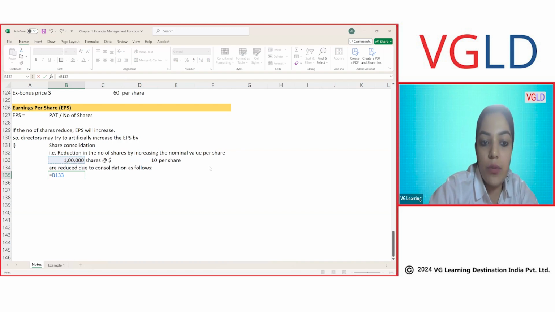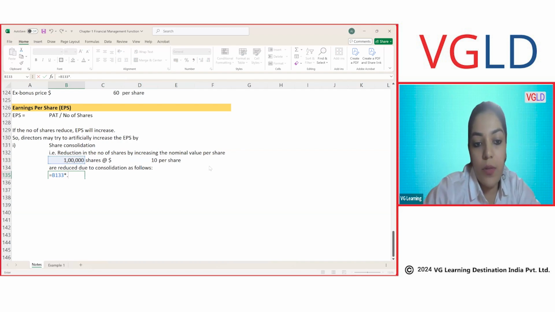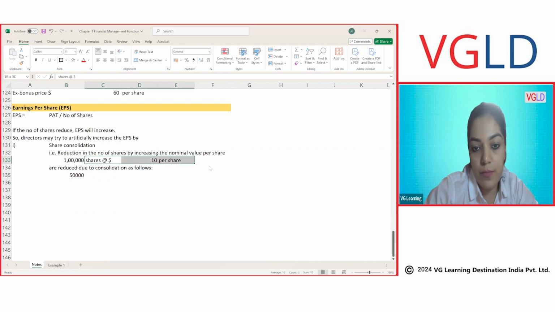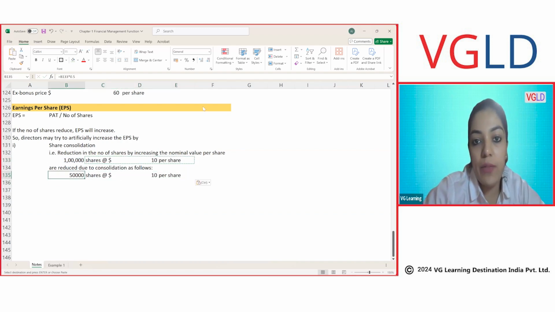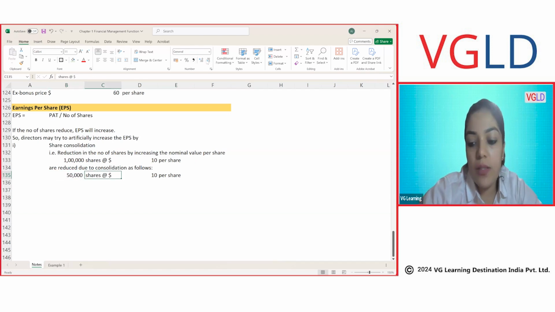I am reducing the number of shares to 50,000. So what will be the revised nominal value? It's just the book value of the share. So the nominal value will become double.